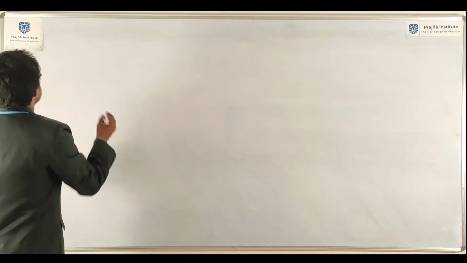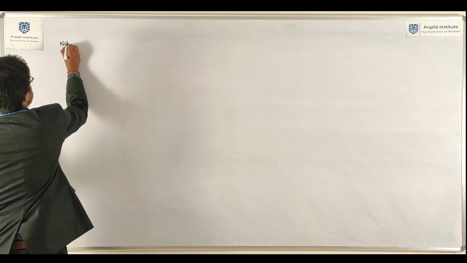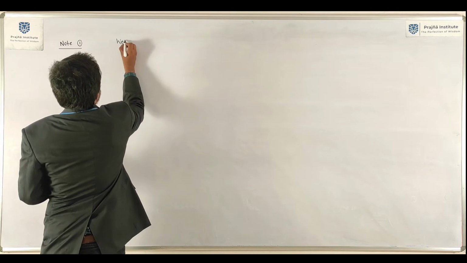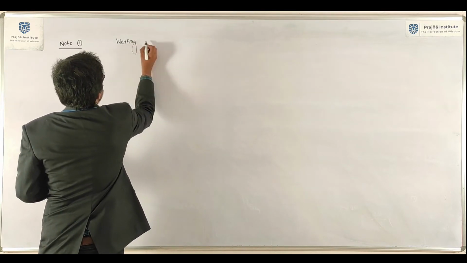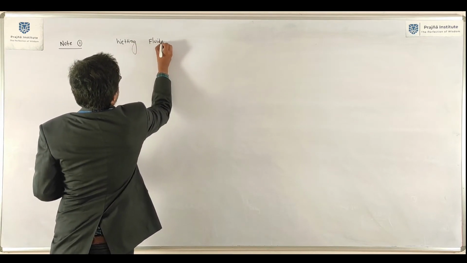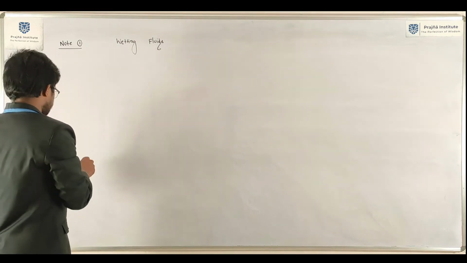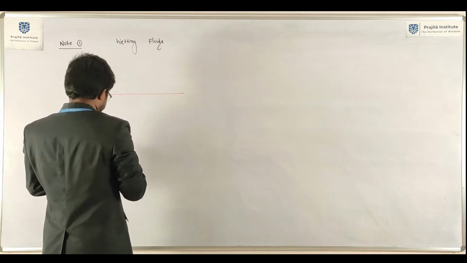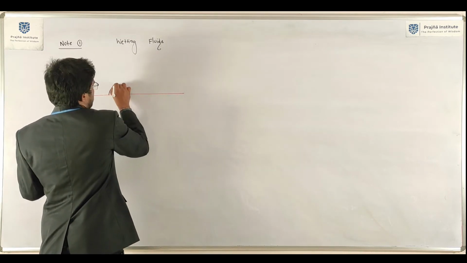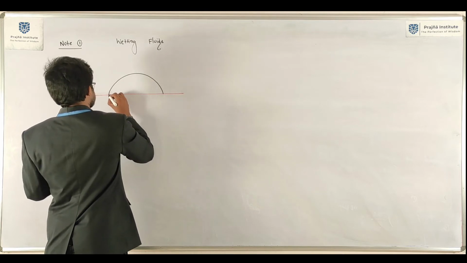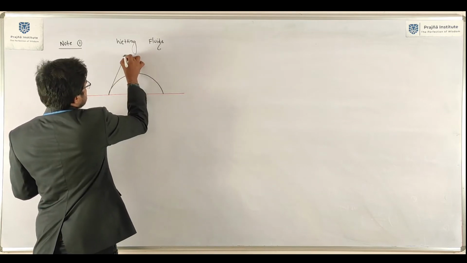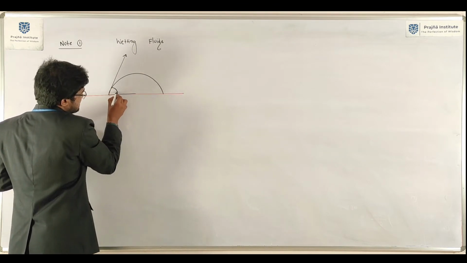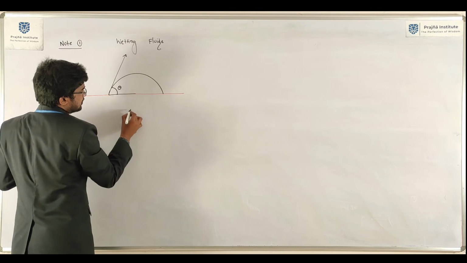Put a note. Note 1. Wetting fluids. What is meant by wetting fluids? Here it is a surface, liquid droplet or molecule from here to here. You need to measure the angle with the positive direction of x-axis. Here it is theta.